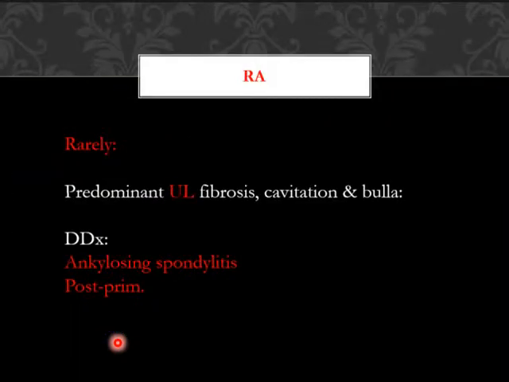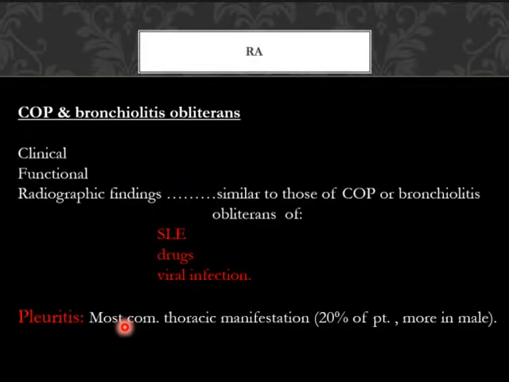Rheumatoid arthritis is usually lower lobe and peripheral, but rarely may be predominantly upper lobe fibrosis with cavitation and bullae. At that time, it is important to differentiate them from ankylosing spondylitis and post-primary fibrocavitary TB. Other parenchymal manifestations are cryptogenic organizing pneumonia and bronchiolitis obliterans.